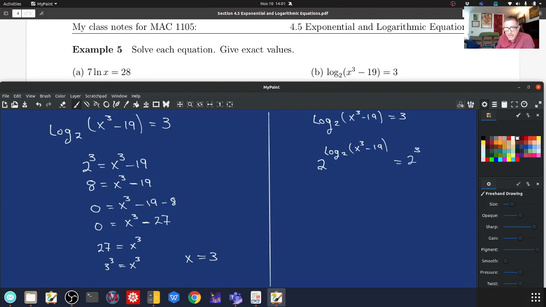Since the base here and the base of the log are the same, that means the input to the function, x cubed minus 19, is equal to 8. And from here on out, it proceeds exactly the same way as the solution we had, at this step right here. We still get the exact same answer.